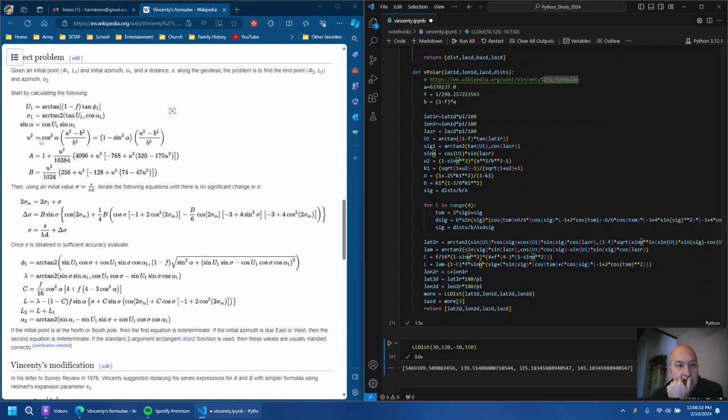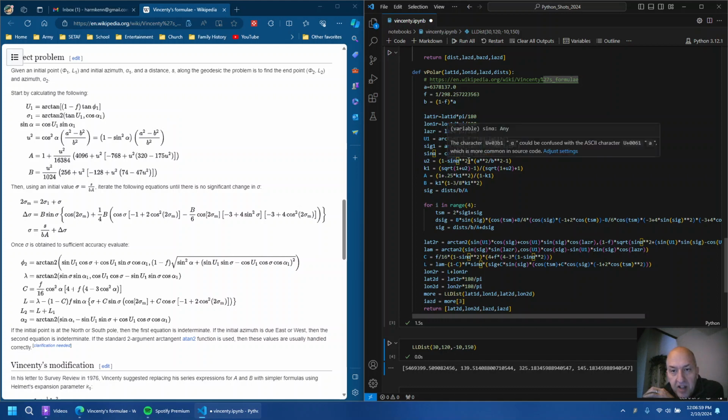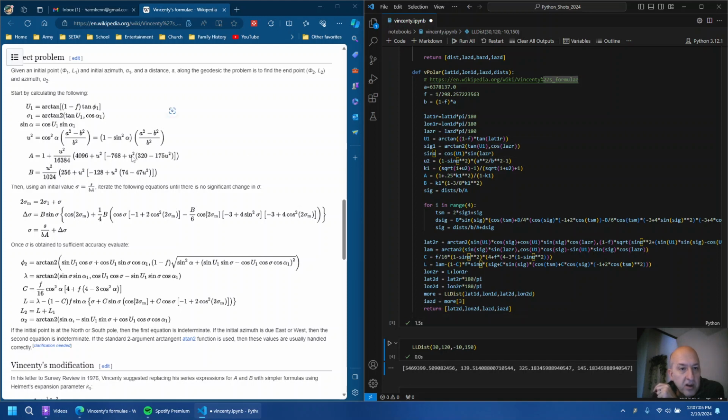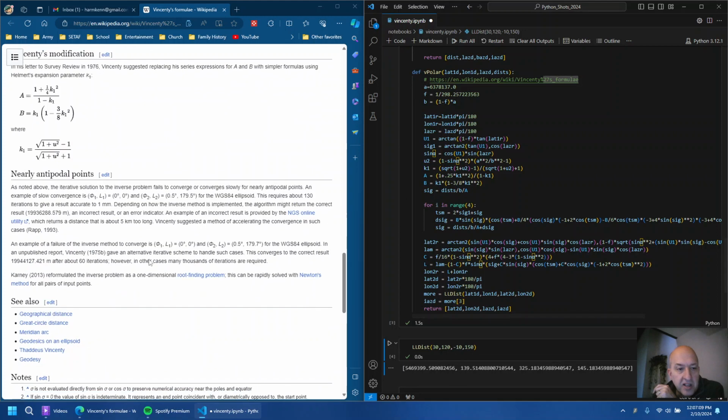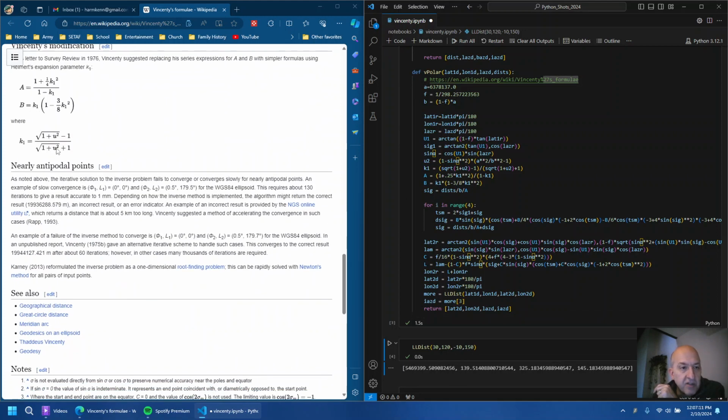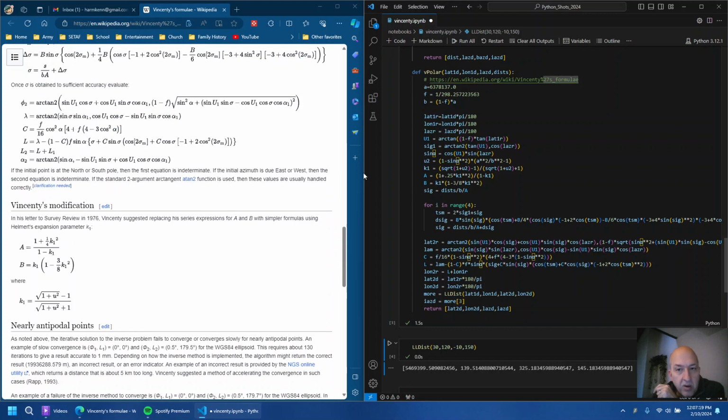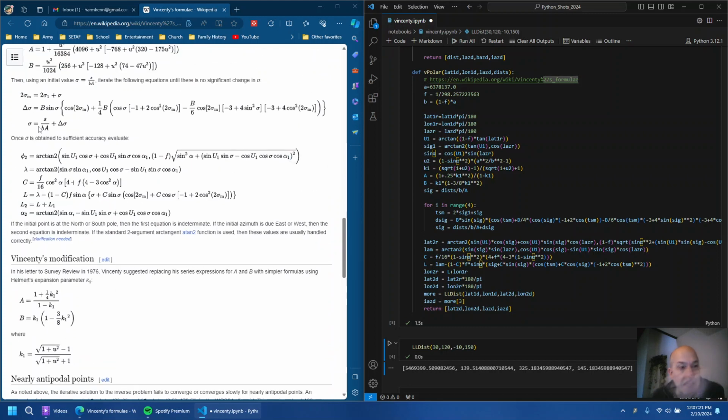Oh, that's this one. U2. I did the second one. U2 is 1 minus sine squared alpha, squared beta squared minus 1. Did the A and the B. Here I used his 1976 version. A and B, and then we come out with a sigma.